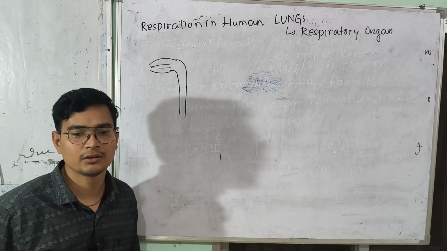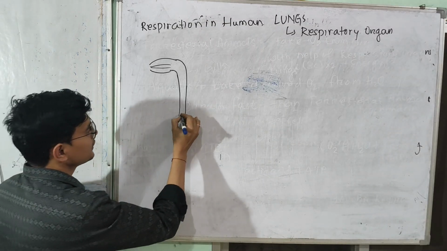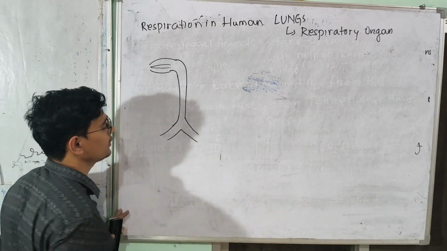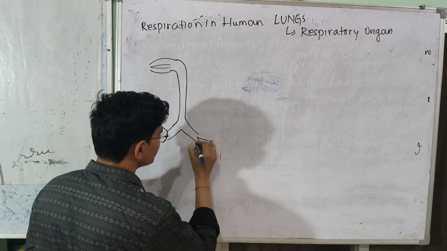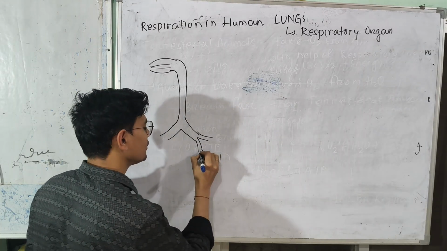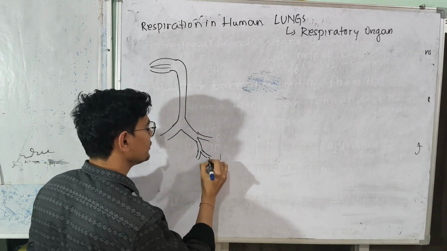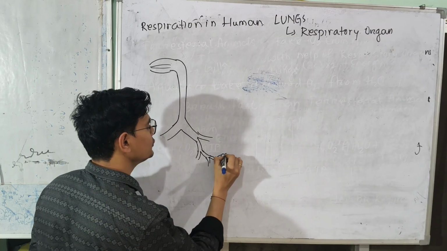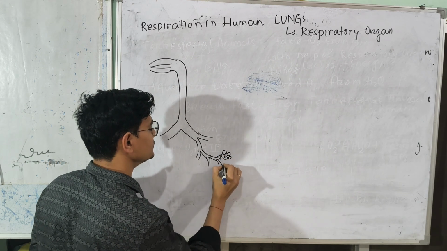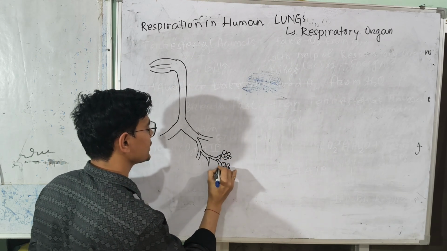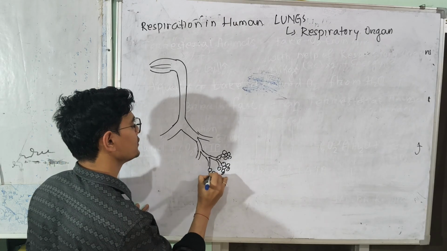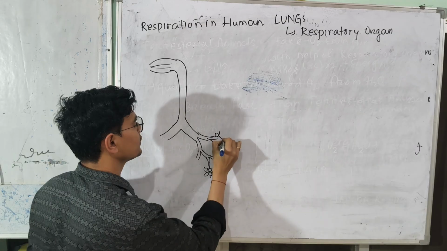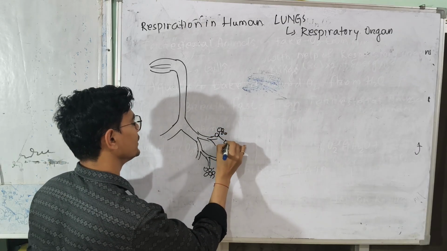The trachea divides into two parts, bronchi, and these also divide into two parts, bronchioles: primary, secondary, tertiary, and quaternary bronchioles. Then we come to the alveoli, the alveolar sac. This is called the alveolar sac. This is the alveoli.